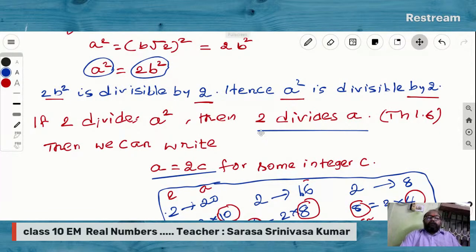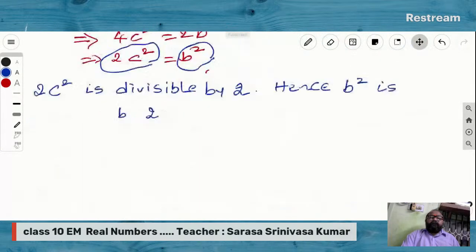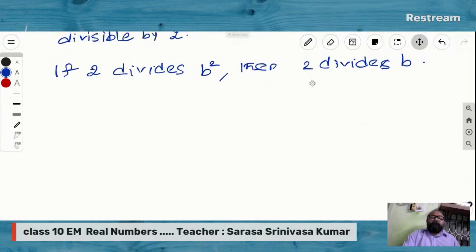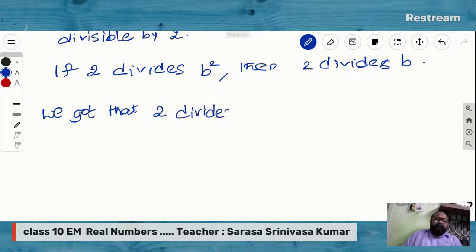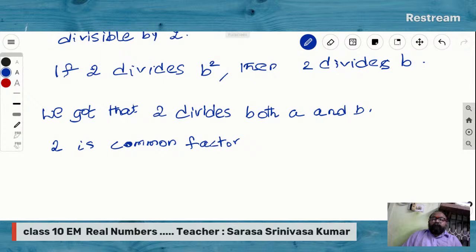We write that step. We got that 2 divides both A and B. So from this, 2 is a common factor.